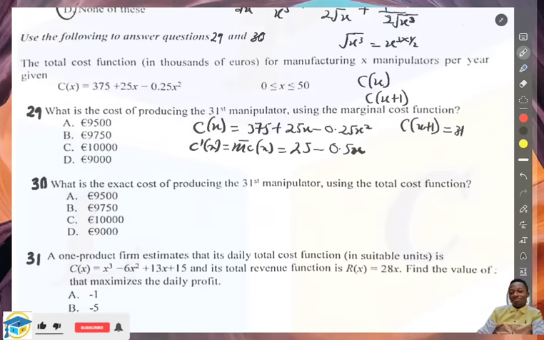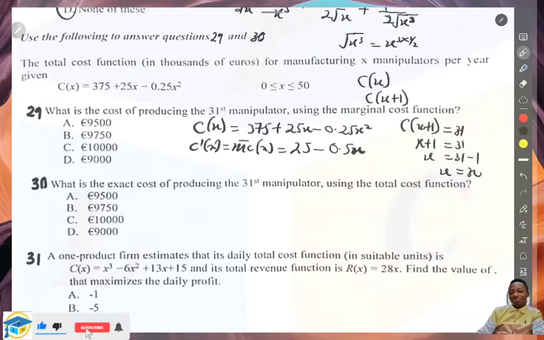So to get the production level at the 31st manipulator, the normal production x plus 1 should be equal to 31. Therefore 31 minus 1, and we have x equal to 30.